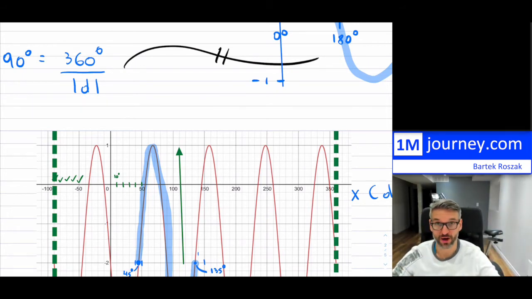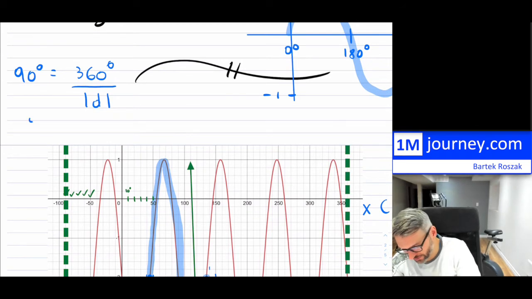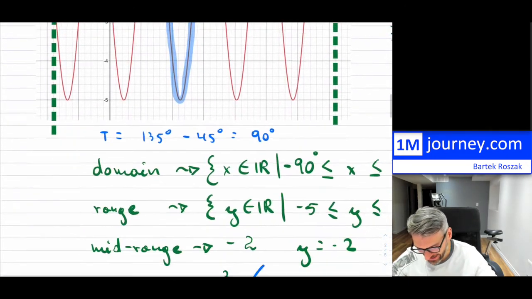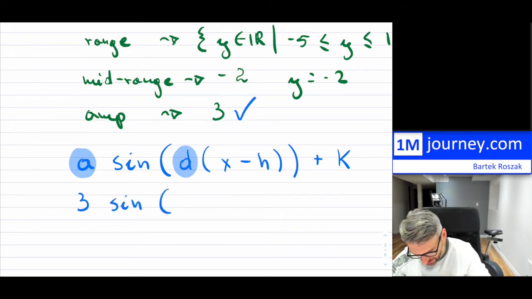So it's going to be positive. And now if I solve for D here, 360 divided by 90 is just 4. So it looks like my D is going to be 4. So I have this, that's 3 sine, this is 4.